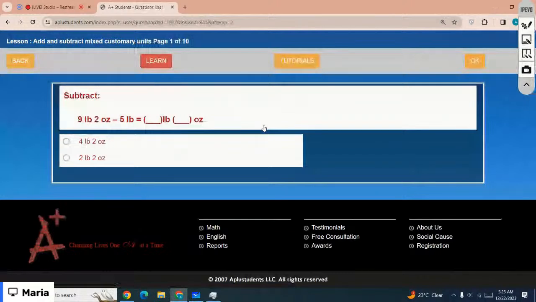The ounces stay the same because for the second quantity you are not given ounces, right? So 9 minus 5 is 4. That means 4 pounds 2 ounces is correct. The correct option is 4 pounds 2 ounces.